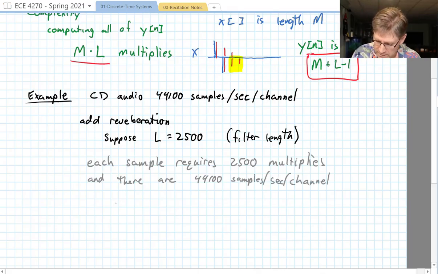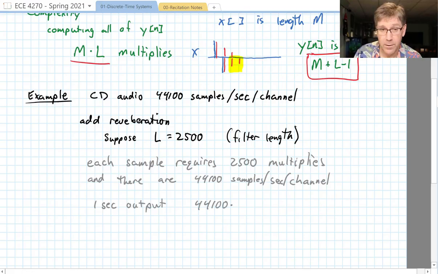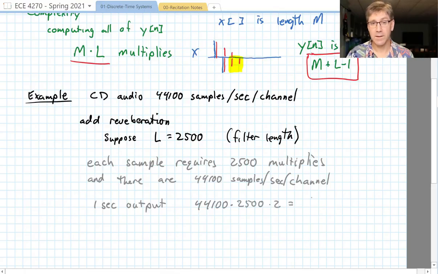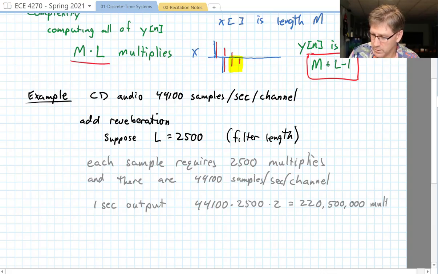So for 1 second of output audio, we have 44,100 times 2,500 multiplies times 2, and that comes out to a huge number, 220 million rather, 220,500,000 multiplies per second.